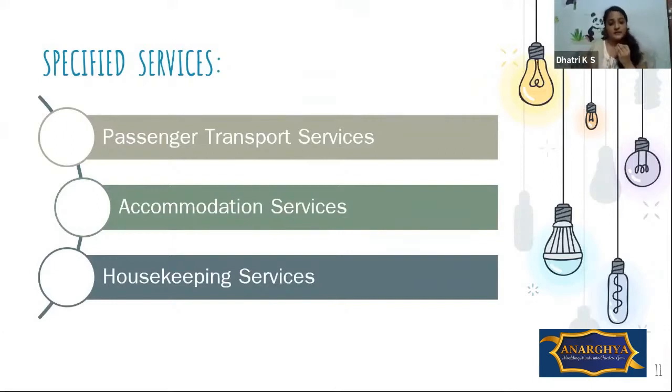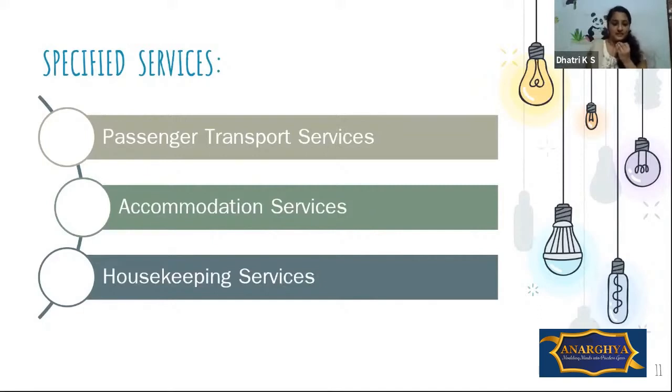So service by way of providing accommodation services in hotel rooms, guest rooms, inns, etc. are covered under Section 9, Subsection 5, if and only if such suppliers are not liable to get themselves registered under Section 22, Subsection 1 of the CGST Act 2017. Some of the examples for accommodation services are Oyo rooms, where Oyo is liable to pay taxes.